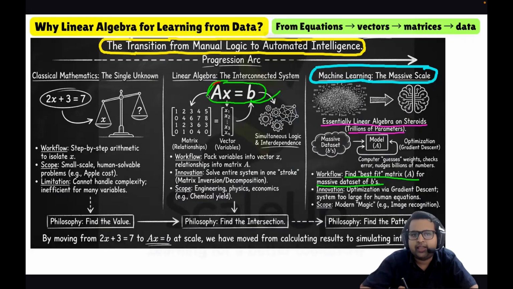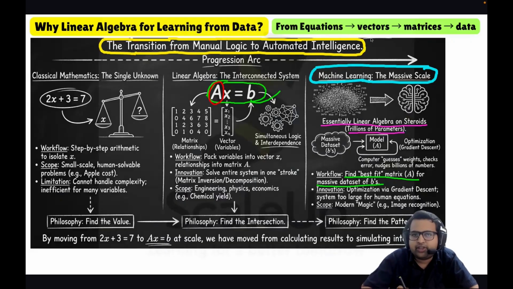So the idea is to find this A, to find the relationship between the variables. That is what the machine learning problem is. So machine learning is finding the best fit matrix A for the massive data sets of b's. Because this A is the relationship matrix. So machine learning is all about finding the relationship matrix for the massive data sets.